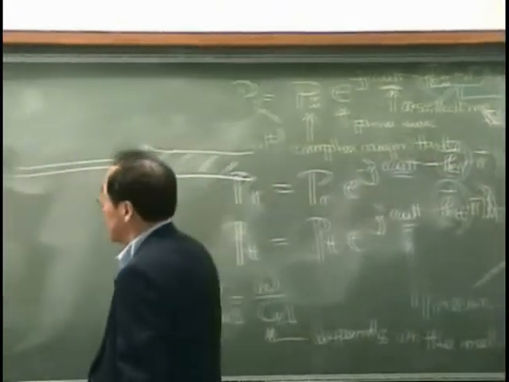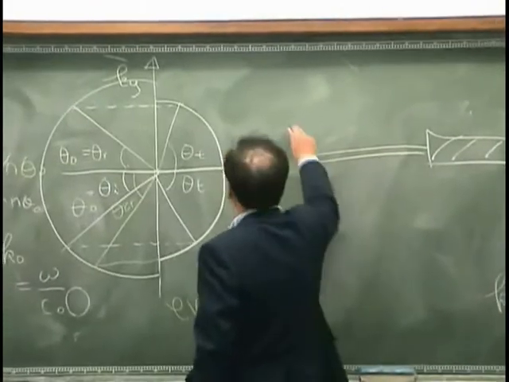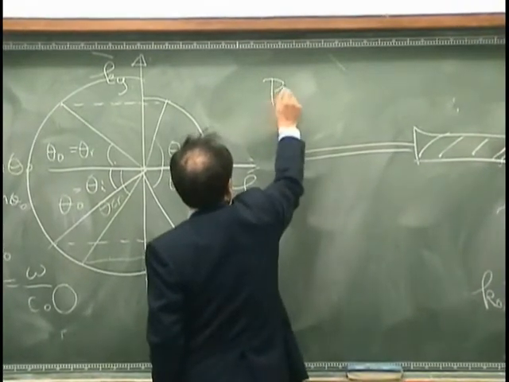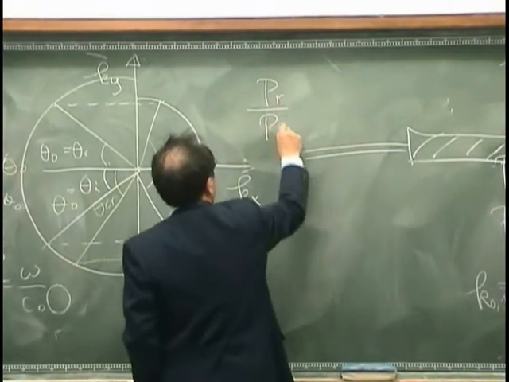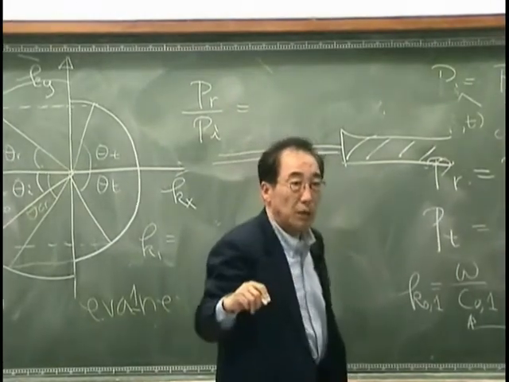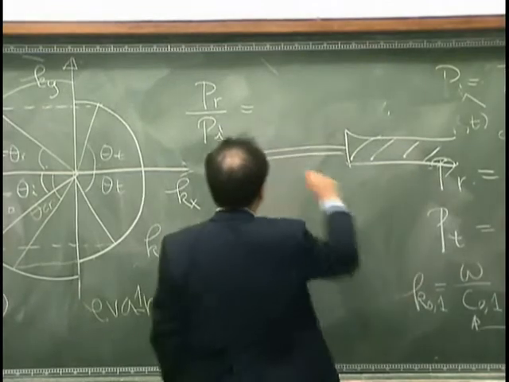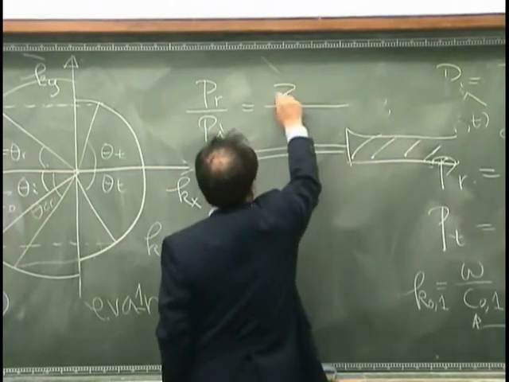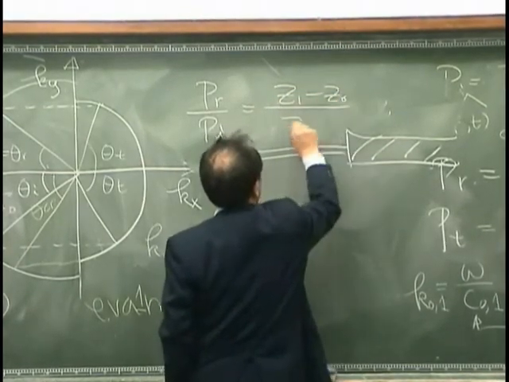So I can write the same: P_R over P_I, that is the reflection coefficient, how much wave is reflected, and I can write that this is Z1 minus Z0 over Z1 plus Z0.